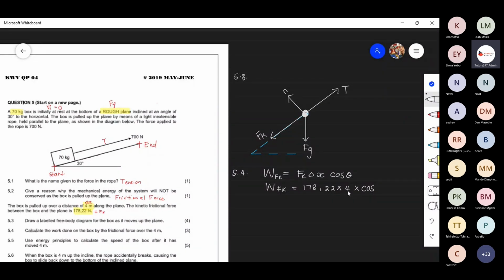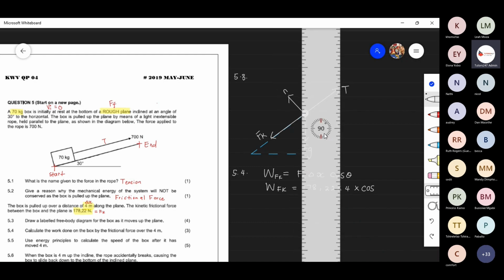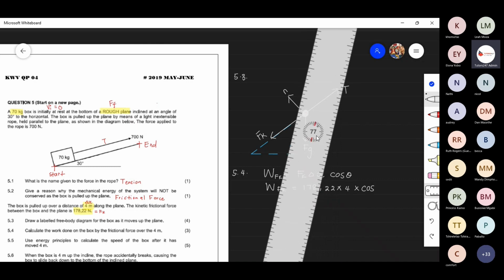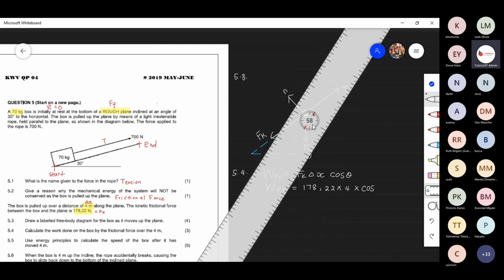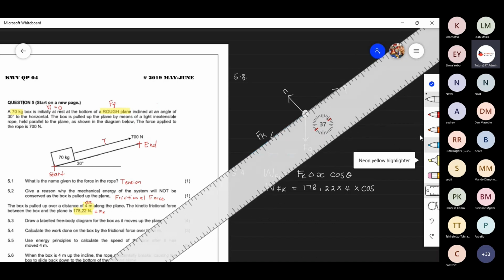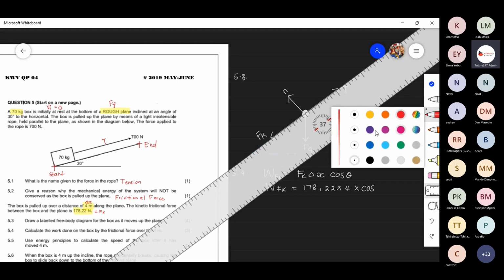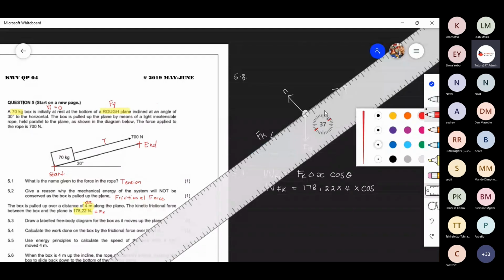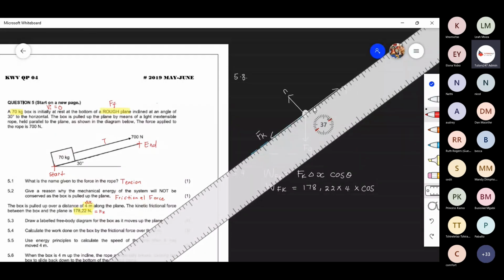Keep in mind that our angle theta represents the angle between our displacement vector and our force that we are calculating the work of. So let us go back to our free body diagram and put in our displacement vector so that we can now easily find our theta or our angles. So because the object is moving up the incline, my displacement vector is also going to move up the incline.